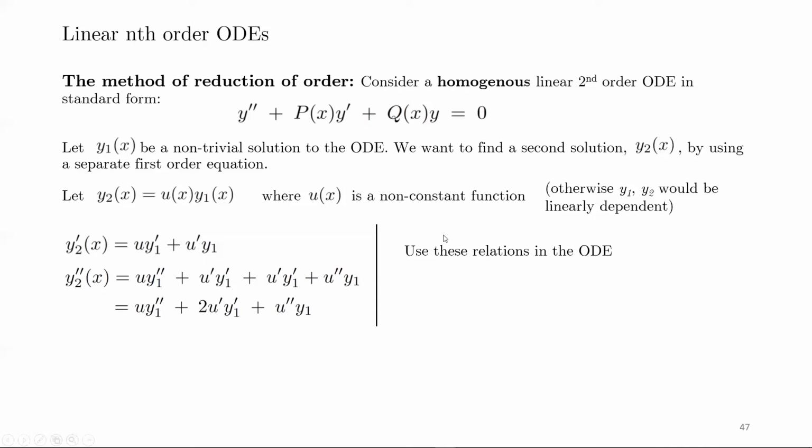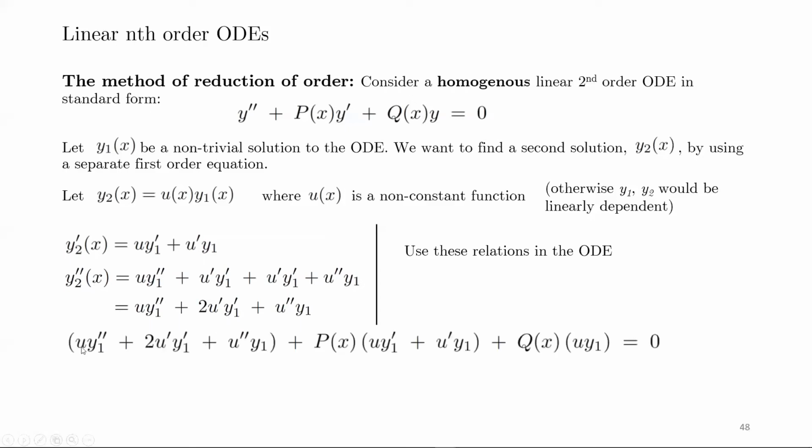Okay, so there's a bit of algebra here, but y double prime is going to be equal to this bottom line here, the second derivative. So here we have u y1 double prime plus 2 u prime y1 prime plus u double prime y1.